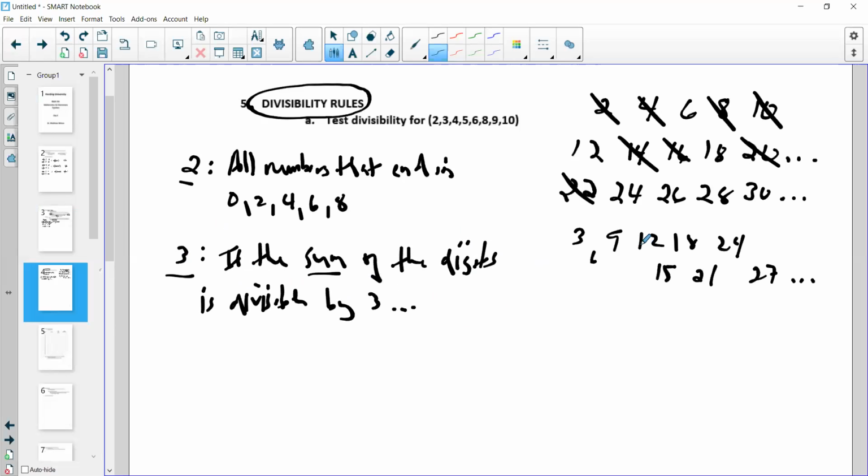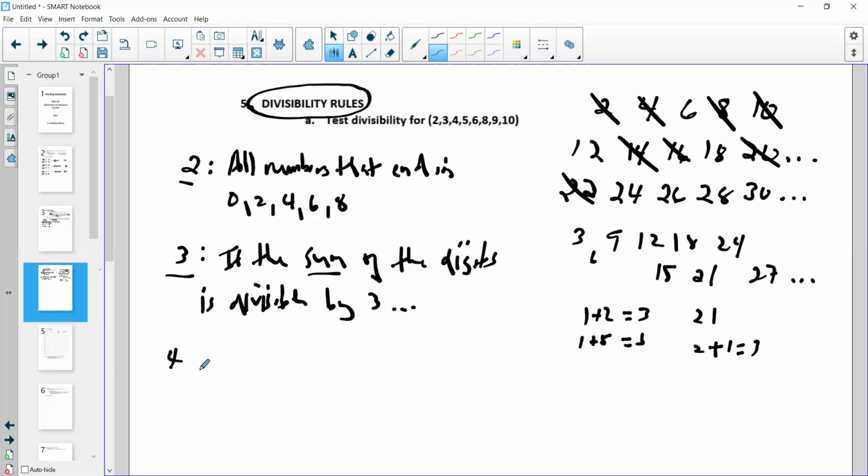So if you look at 12, what's 1 plus 2? 3. So 3 will divide 3. What's 1 plus 5? 6. Well, 3 divides 6. And so forth. Take 21. That's 2 plus 1, and we're back to 3. And 3 will divide 3.